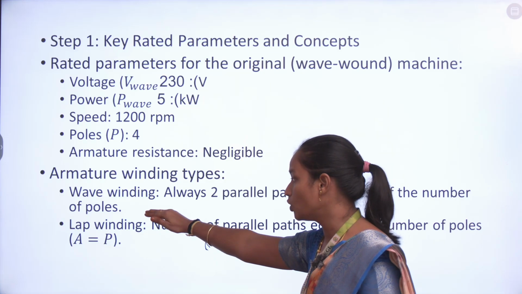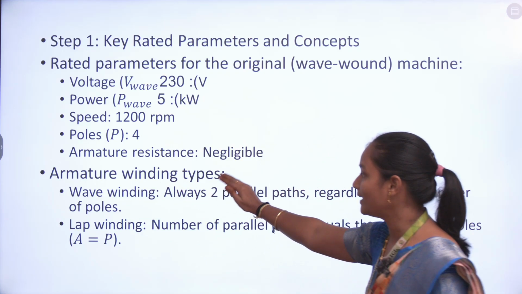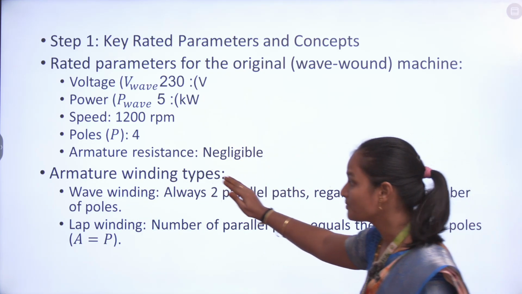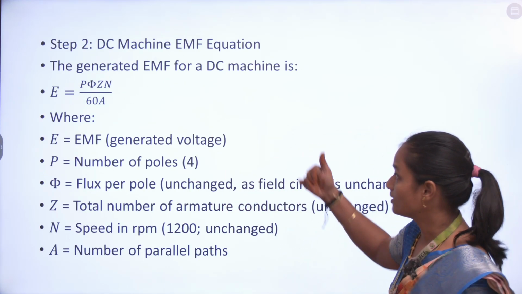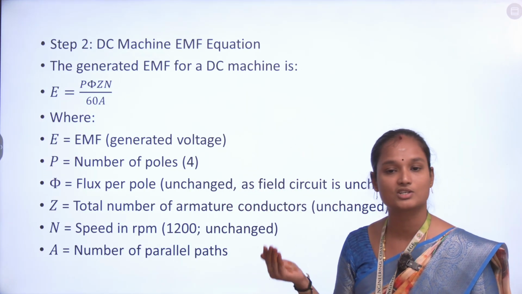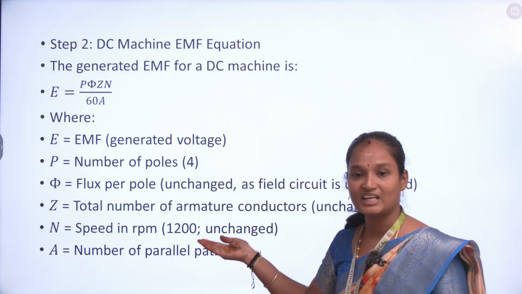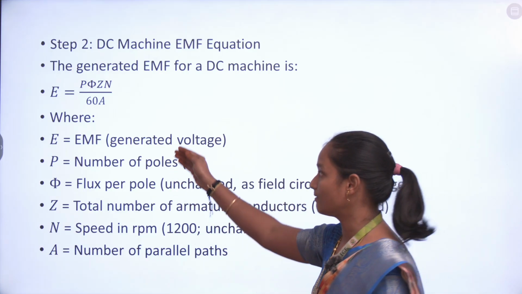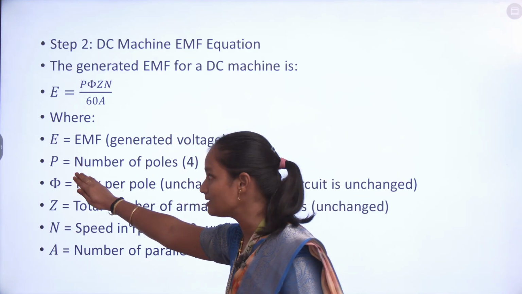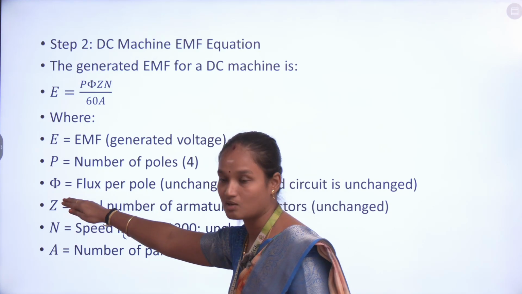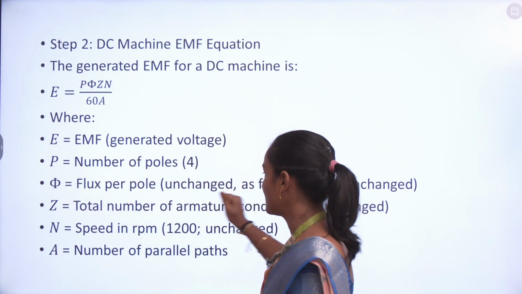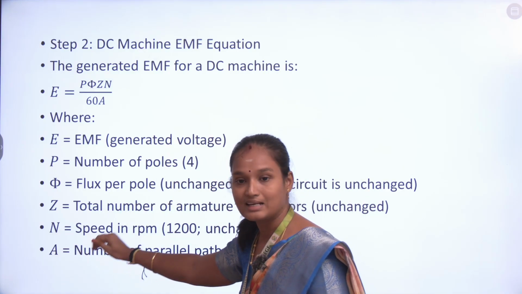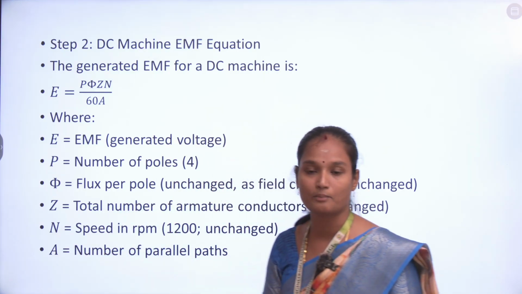So we know for wave winding A is always 2, and for lap winding A is equal to P. For a DC machine, the EMF equation is E equals phi into P into Z into N divided by 60 divided by A. E is the generated EMF, P is the number of poles, phi is the flux, Z is the total number of armature conductors, N is the speed and A is the number of parallel paths.